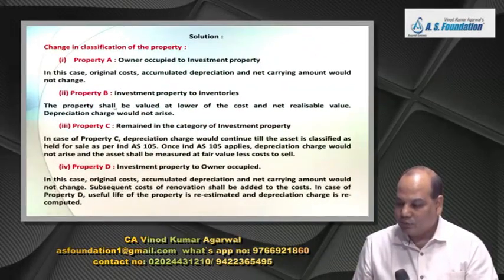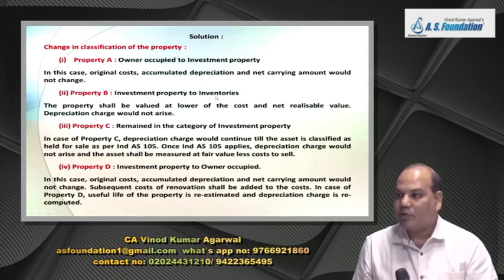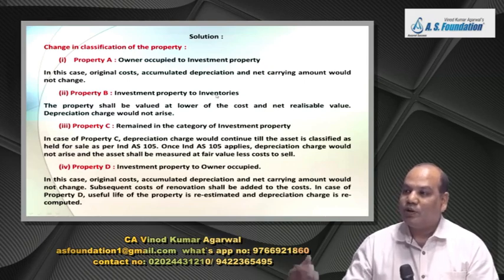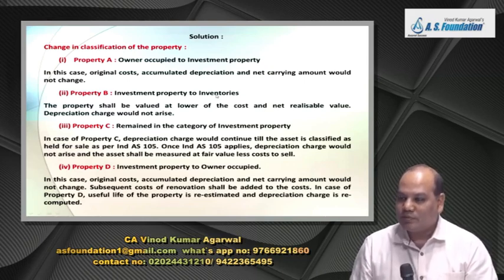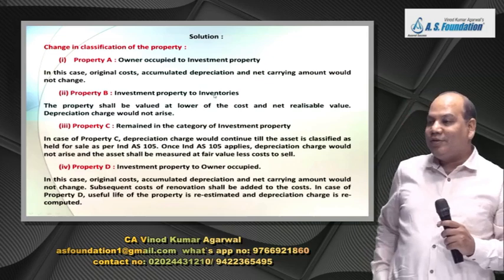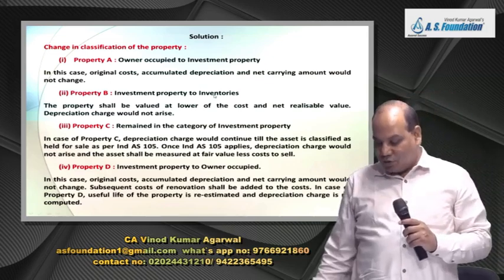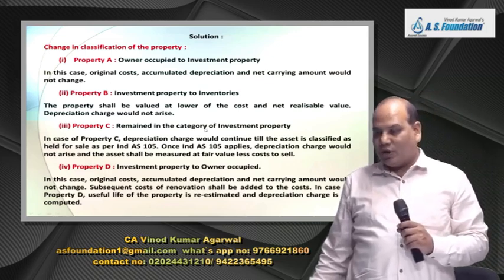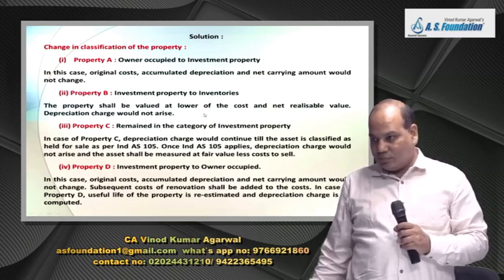Now see the answer. The property shall be valued at. Here the classification will change from investment property to inventory, because it is not going to be sold in its current condition. There is a renovation that is going to happen. In IFRS 5 you will learn property should be ready for sale in its current condition, and it will be valued at cost or NRV, because now you want to sell it.